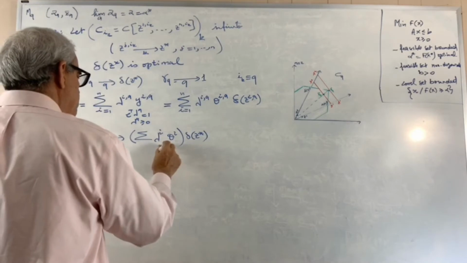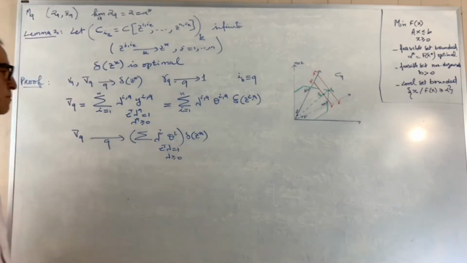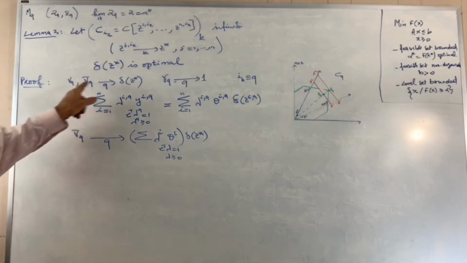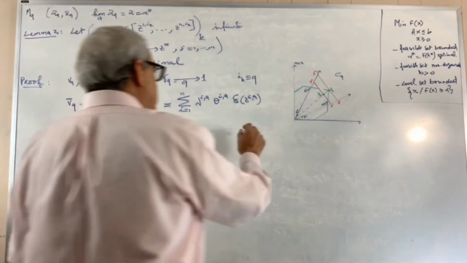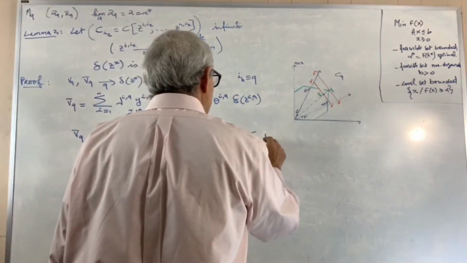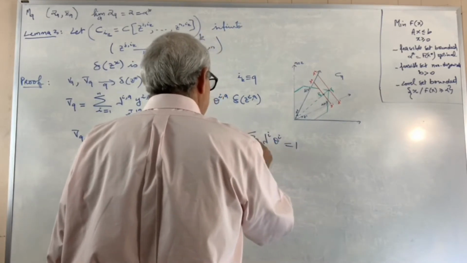And here e transpose lambda equal to 1, lambda greater or equal to 0. So here we have v bar q converging to this. All right. So therefore, the sum of lambda_i theta_i is equal to 1, i equal 1 till n.